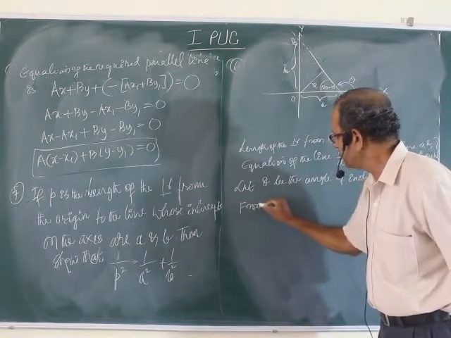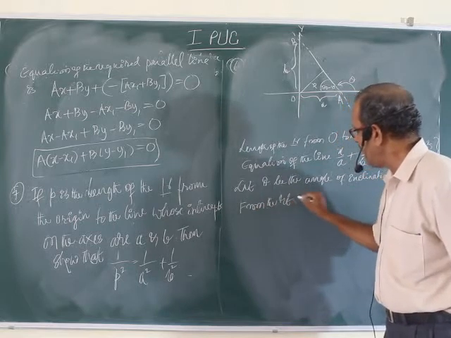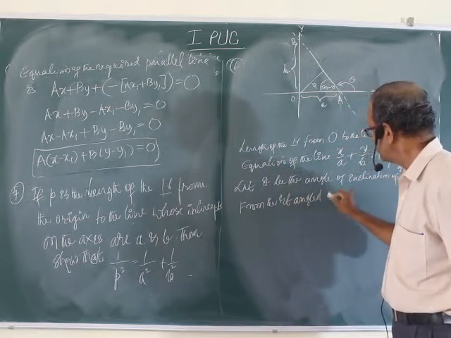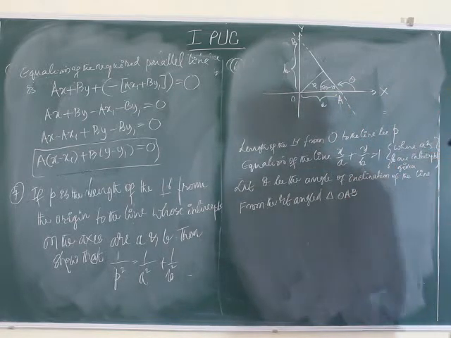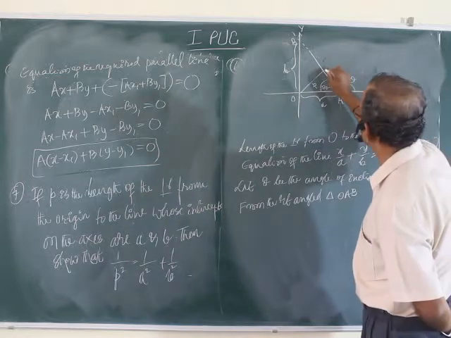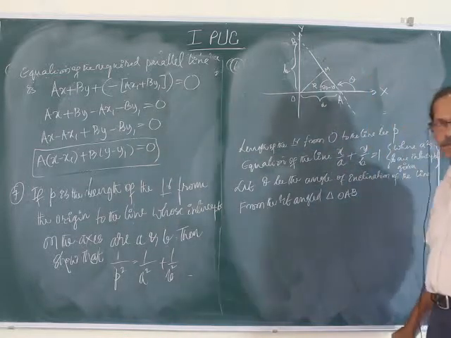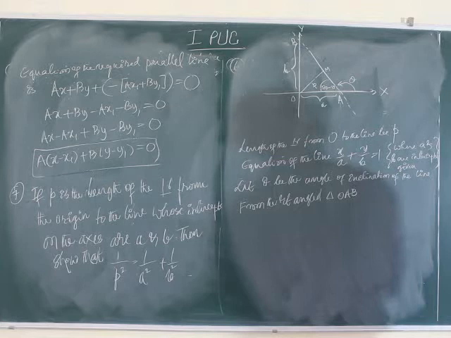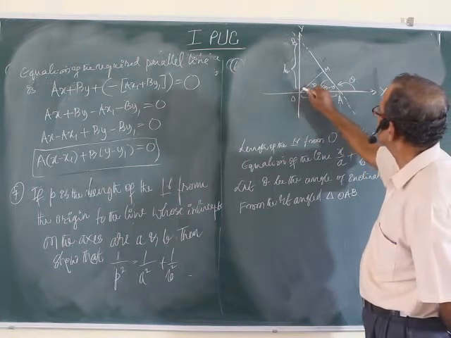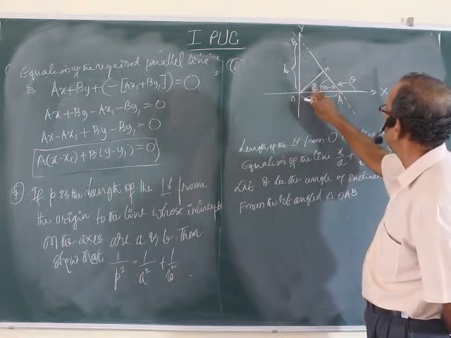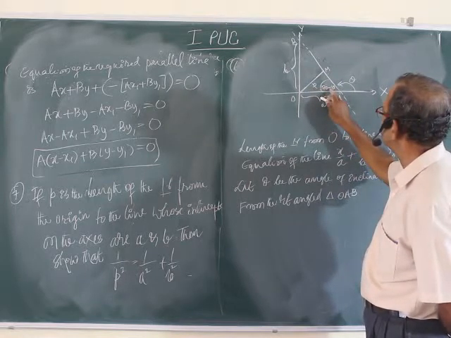From the right angled triangle OAB, with one more point M, just see here, this one is given P, angle 180 minus theta.